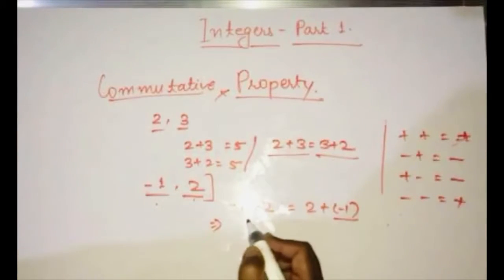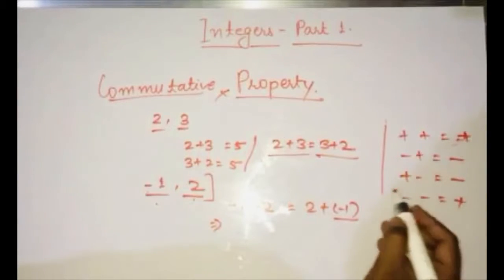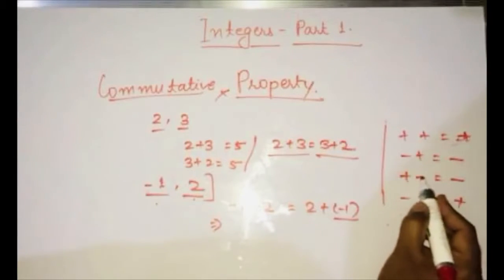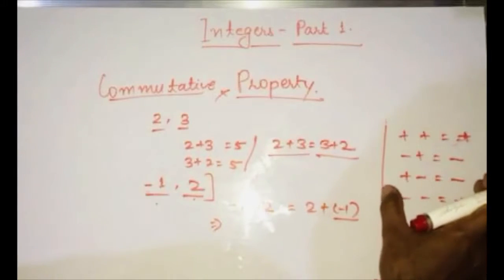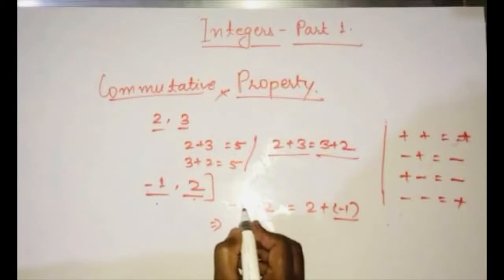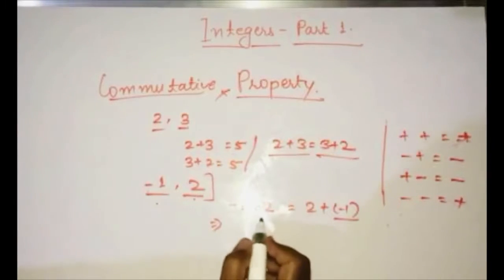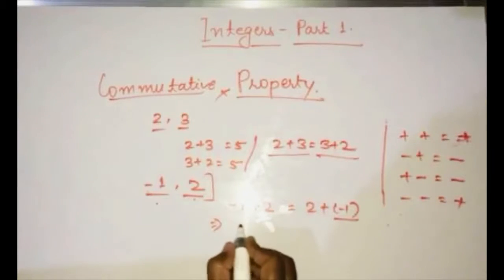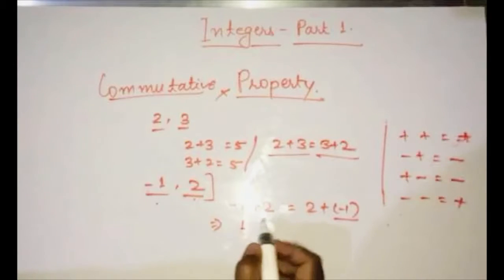The same method applies here. This is the basic thing that you have to remember, and it is very important. If you remember these things and where to apply them, you should be able to solve all the integer calculations. So minus plus minus, you perform the subtraction. 2 minus 1, 1. Which sign will you keep? The sign of the highest number, so 1.